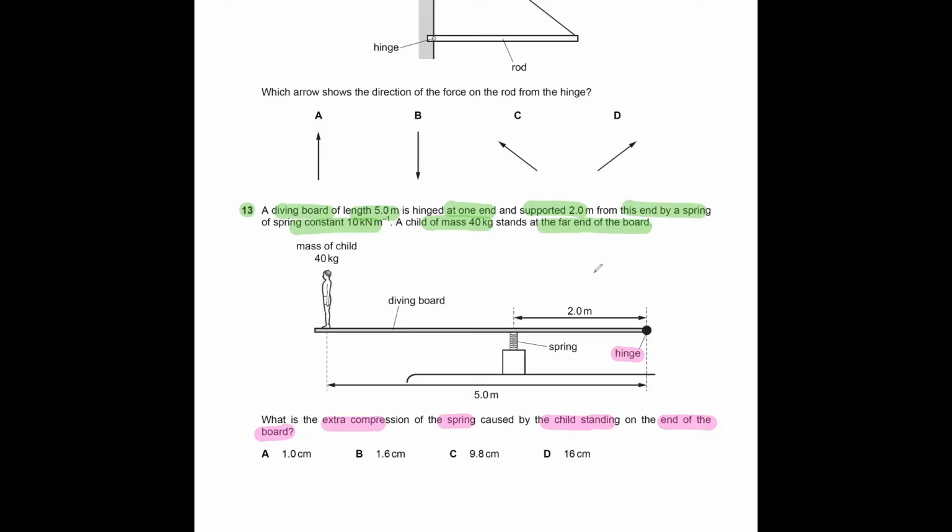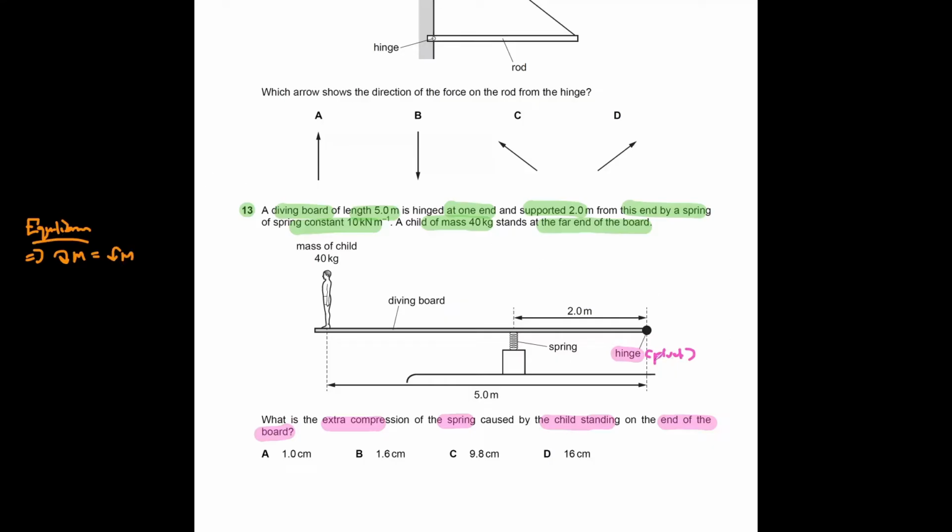We apply equilibrium conditions here, specifically moments in equilibrium. If you take this hinge as your pivot, what you do know is that when something is in equilibrium, your clockwise moment will be equal to your anti-clockwise moment.